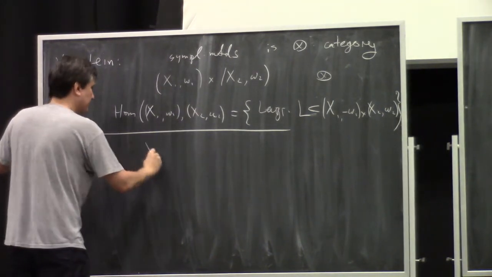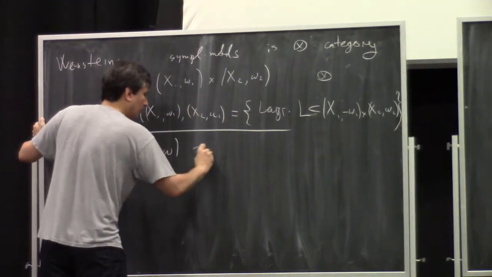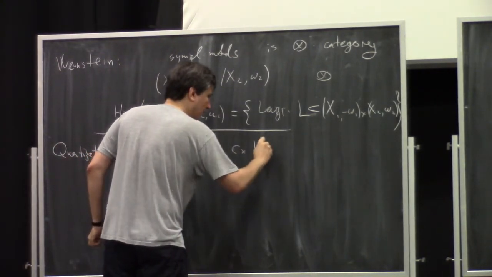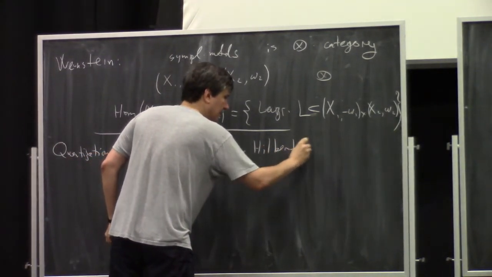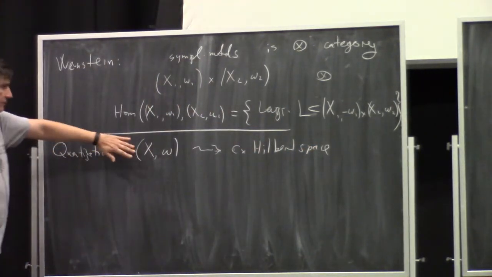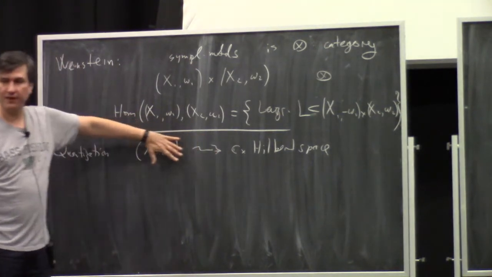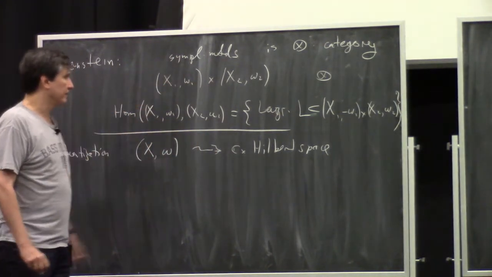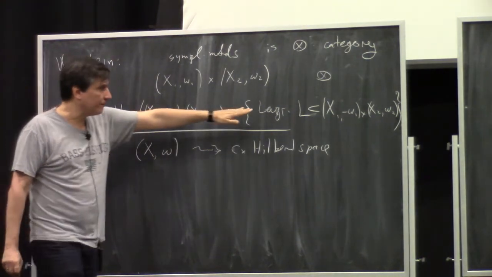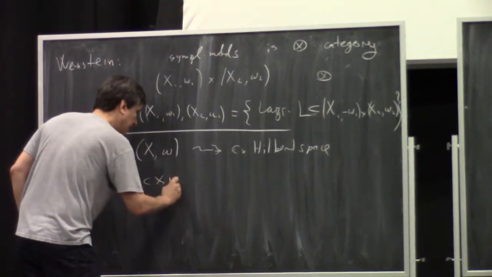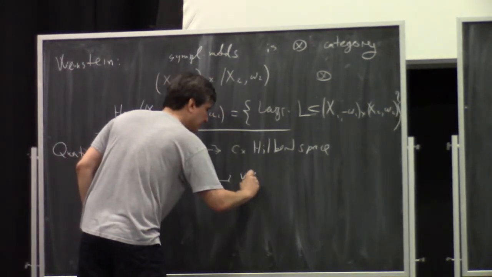One can think that a symplectic manifold loosely should give a complex Hilbert space, a projective space, something like functions on half of the variables. The product of manifolds gives the tensor product, and a Lagrangian submanifold gives a vector in the Hilbert space.